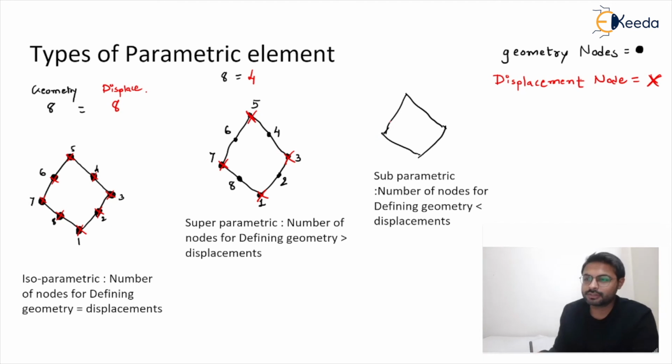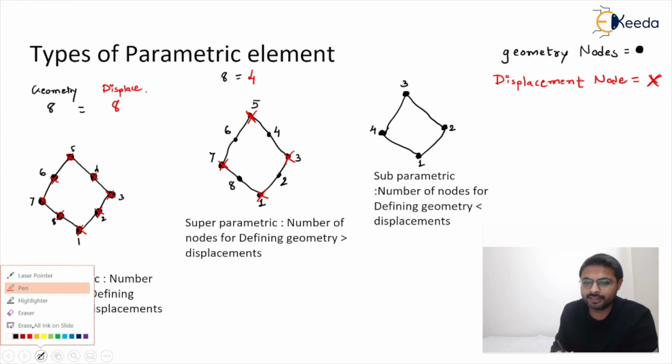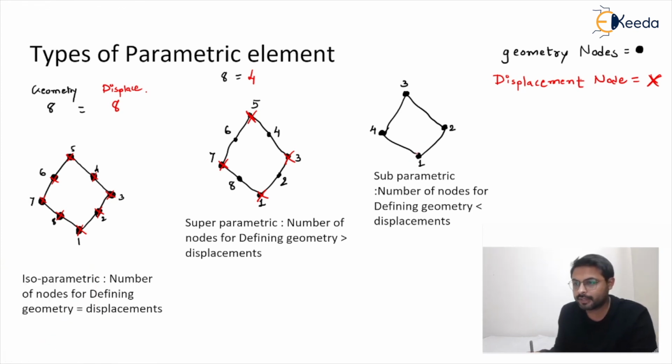Now for a subparametric element, we define the geometry by only 4 nodes, 1, 2, 3 and 4. But for defining the displacement, we use 8 nodes.